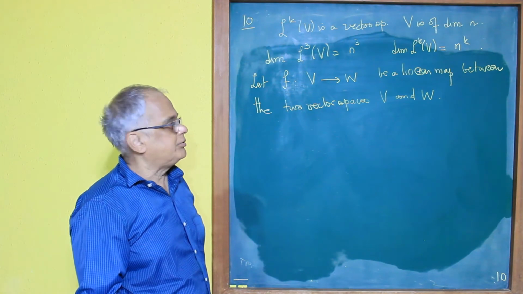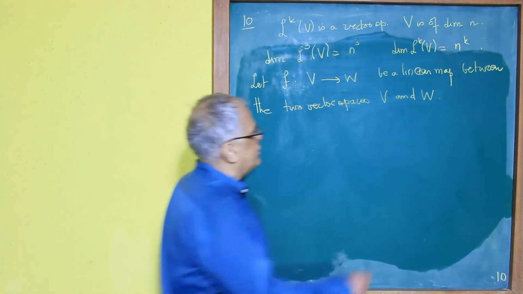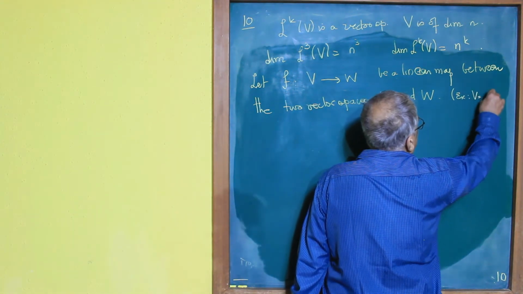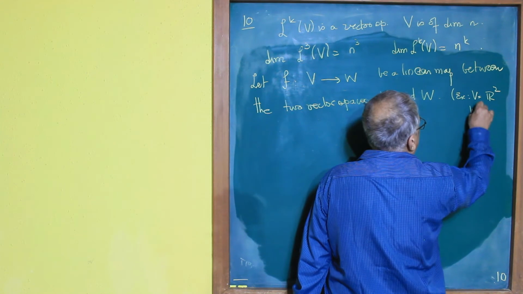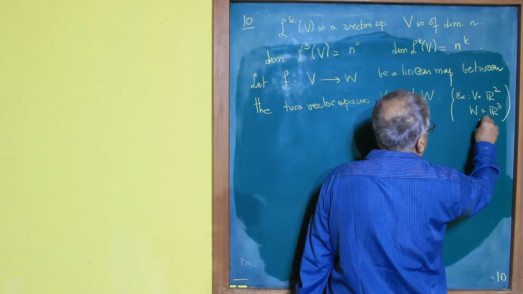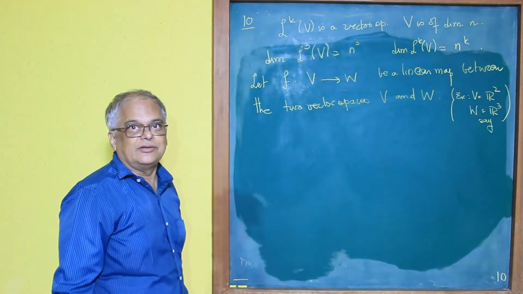For example, you could take V equal to R^2 and W equal to R^3. Or they could be any other vector spaces.